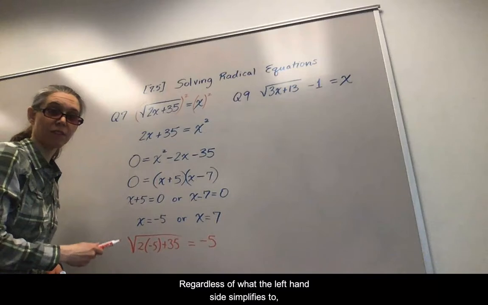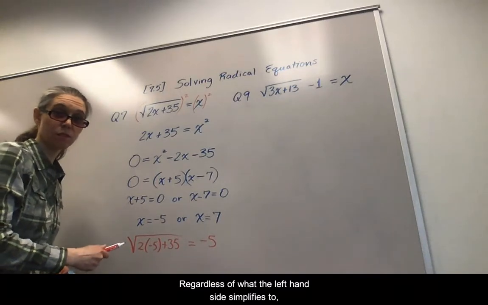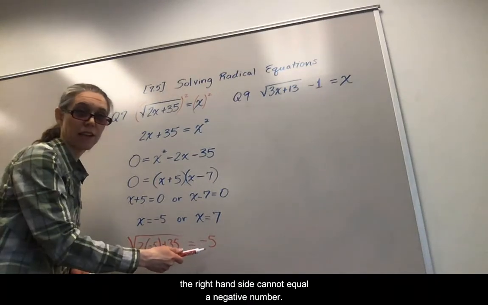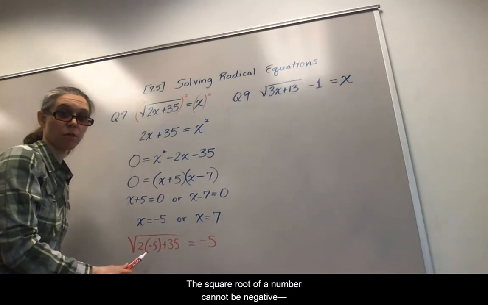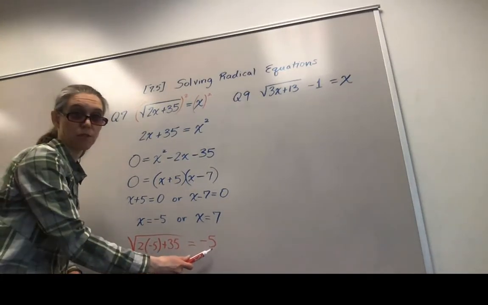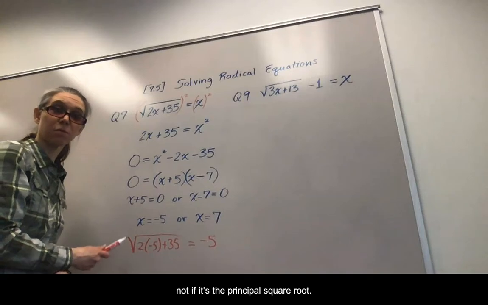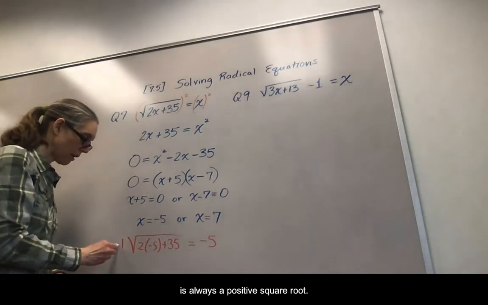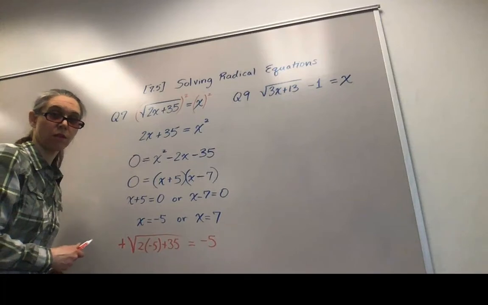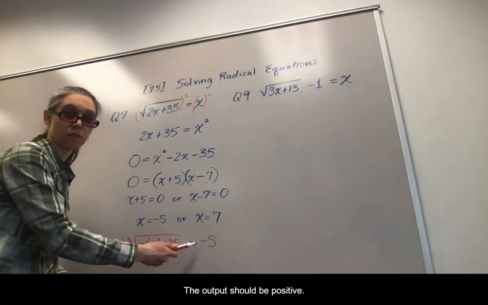Regardless of what the left-hand side simplifies to, the right-hand side cannot equal a negative number. The square root of a number cannot be negative. Not if it's the principal square root. Remember that the principal square root is always a positive square root. So the output should be positive.